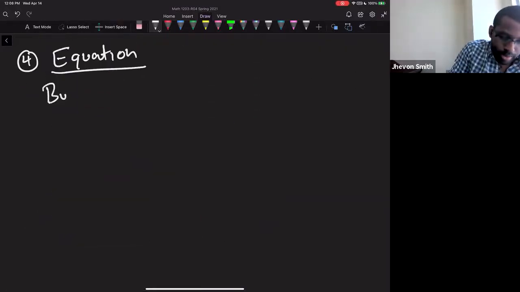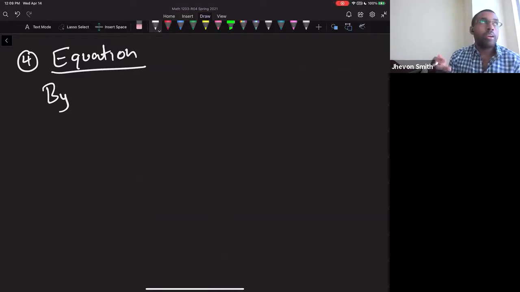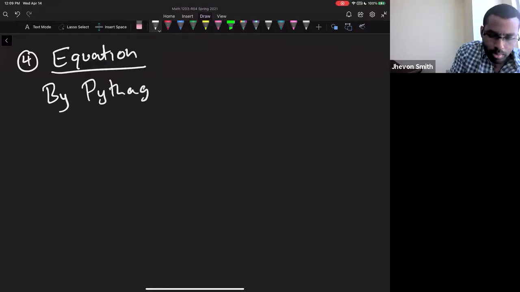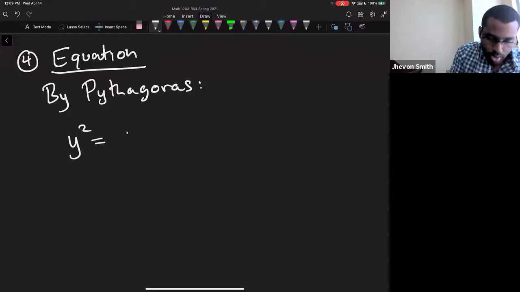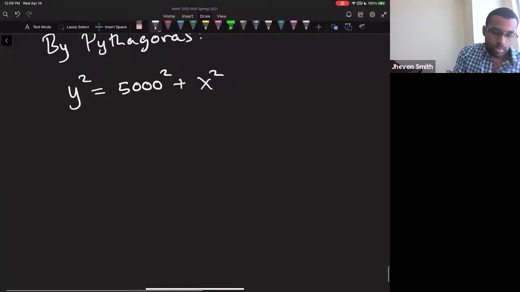Yeah, again, by Pythagoras. It's a common thing. If it's a right triangle, chances are you're going to use Pythagoras because of all the lengths. If I ask about the area, then you'd use half base times height. But you're not going to use trig. So Pythagoras or the area formula is the only thing you need to know for a triangle, I guess. By Pythagoras, we know that y squared is equal to 5,000 squared plus x squared.